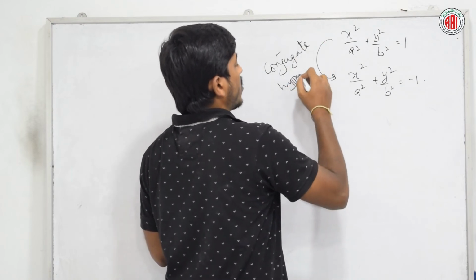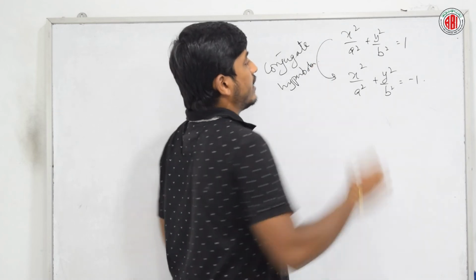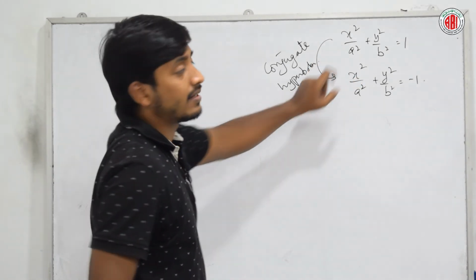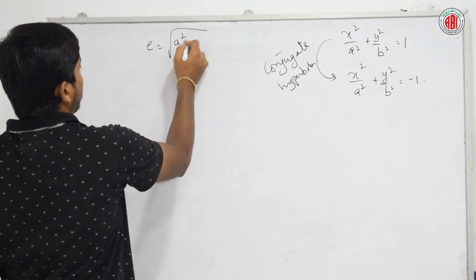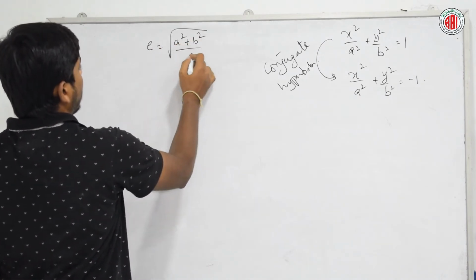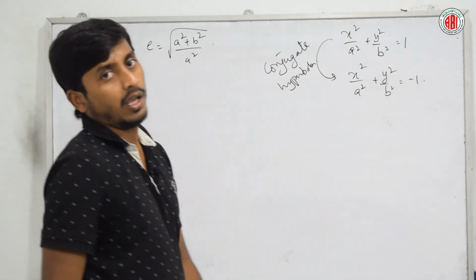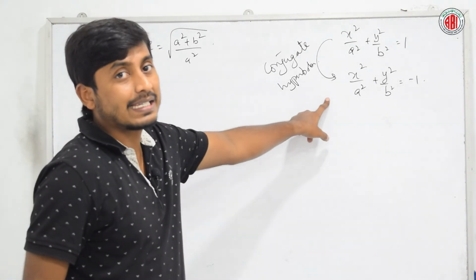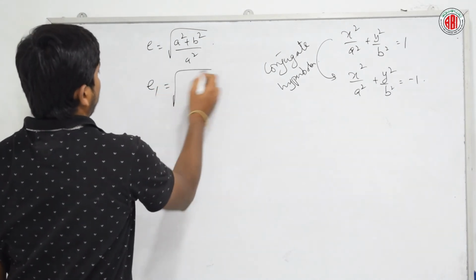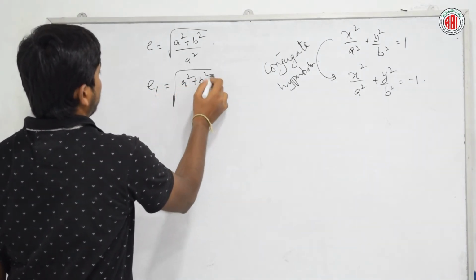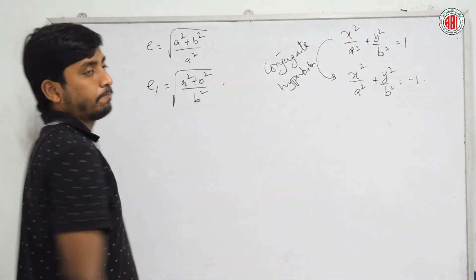So just tell me what is the eccentricity for this. Let us say the eccentricity for the normal hyperbola is under root of a square plus b square by a square. What about the eccentricity of this? Here the eccentricity is, let us say e1, that is under root of a square plus b square by b square.